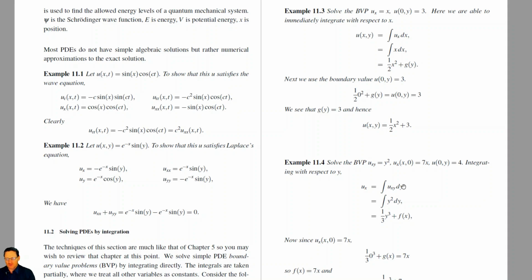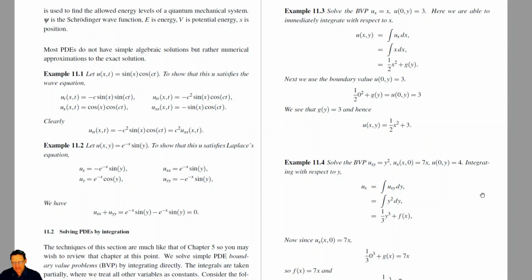Now we can sub in the right-hand side of the PDE, which is just y squared. So we're integrating y squared partially with respect to y. So that is a third y cubed plus some function of x.